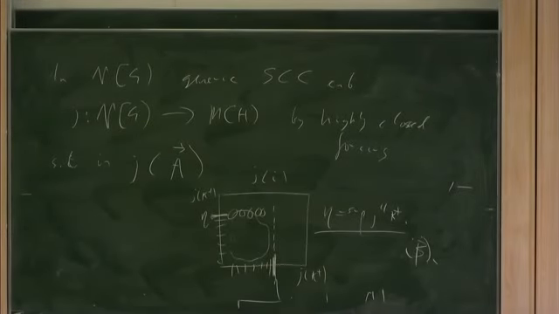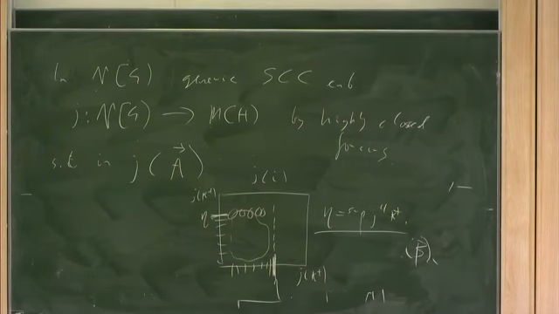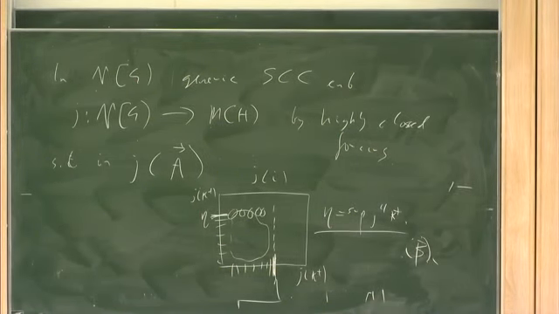Okay, so what's the point? The point is that now in V^G there's a natural uniform kappa complete ultrafilter on kappa plus.